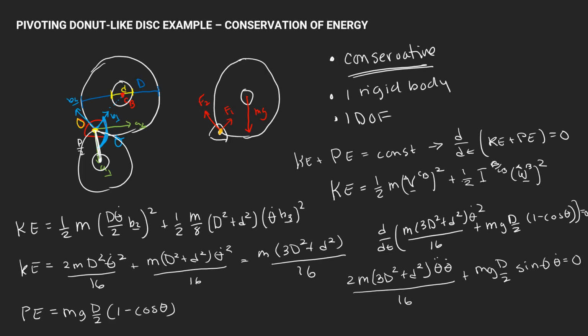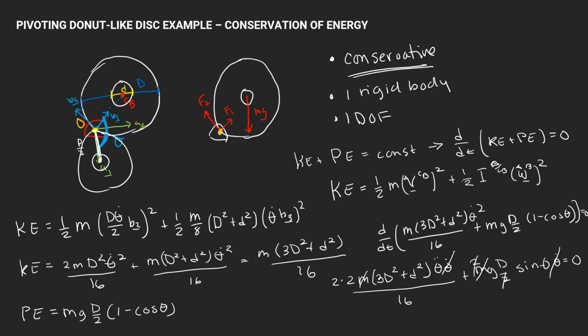And then we can get rid of this m term, and we can get rid of this theta dot term, and we can get rid of this half by multiplying everything by 2. So let's multiply that by 2 here and by 2 here.